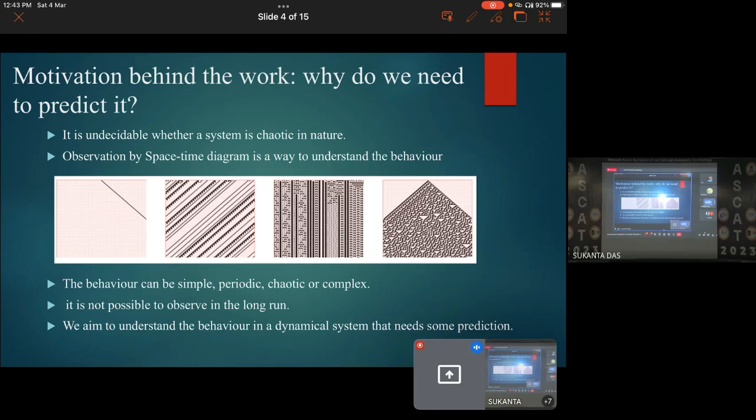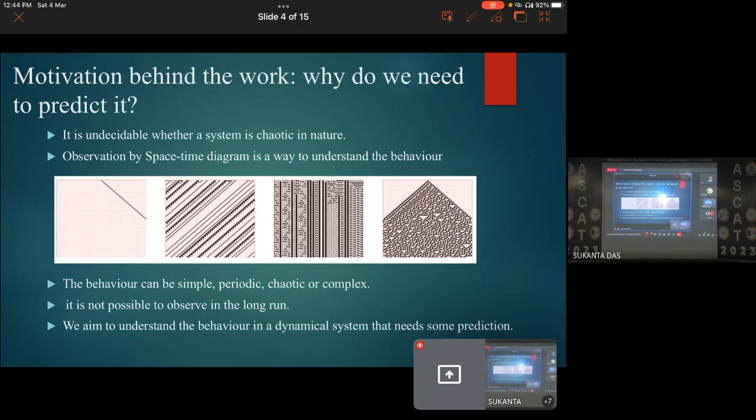It may be possible that in the fourth figure, after some execution, it will start exhibiting simple behavior, but that is why we need to predict somehow by some mathematical calculation that from this initial configuration, and if it is following some rule, it will at the end exhibit the chaotic behavior.